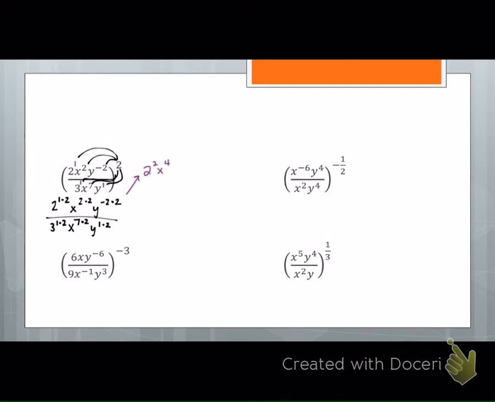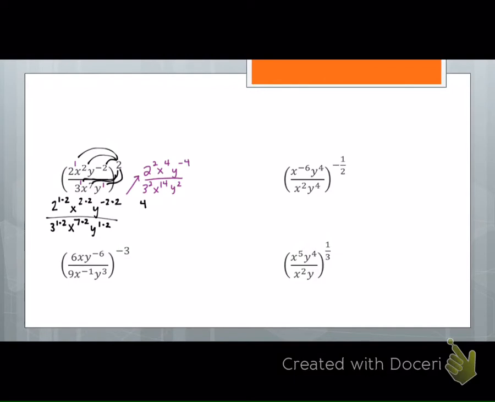x to the fourth, y to the negative fourth, 3 to the second, x to the 14th, and y to the second. When you divide, what do we do with the exponents? We know 2 squared is 4, so I'm going to rewrite that.